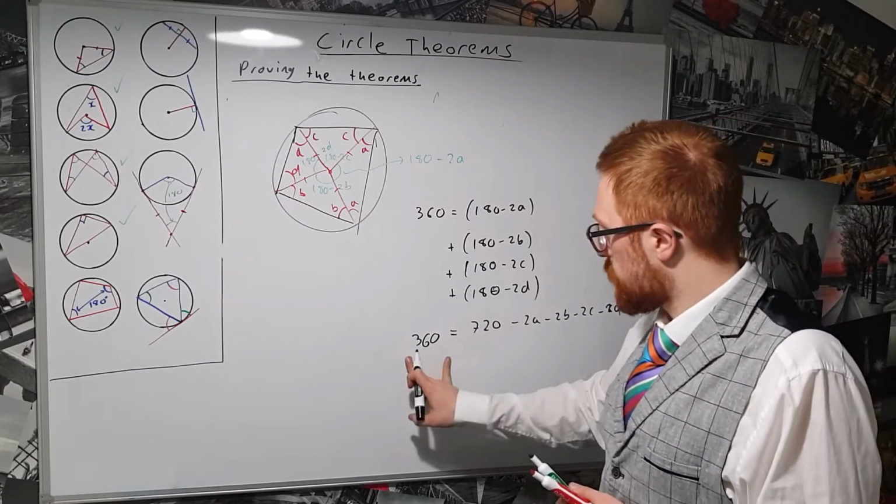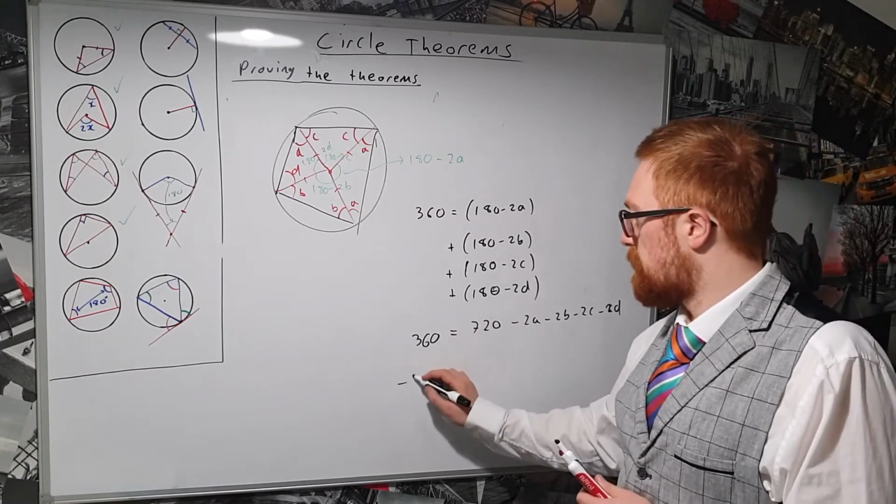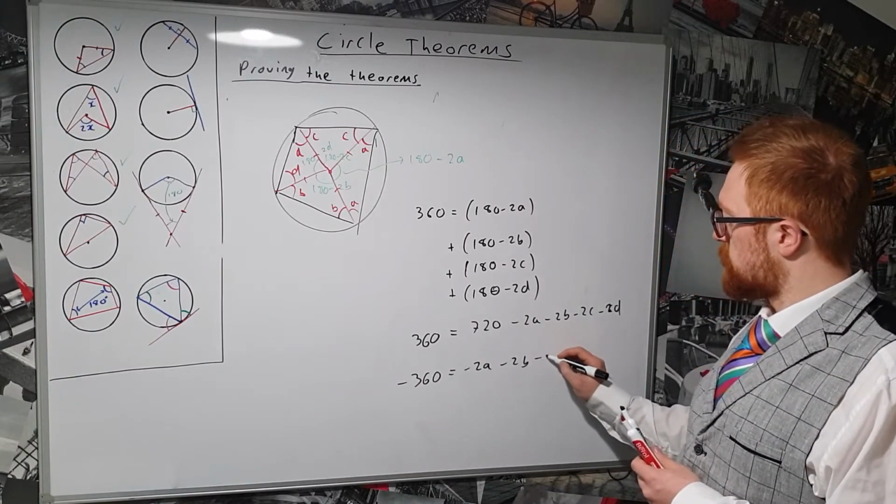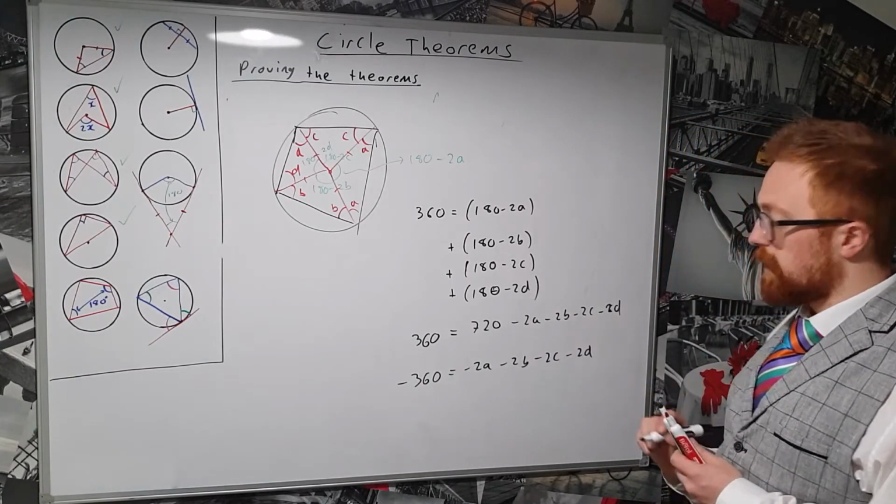Okay, let's subtract 720 from both sides. We get minus 360 is equal to minus 2a minus 2b minus 2c minus 2d.